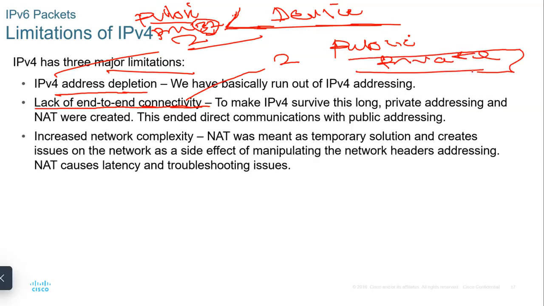Most of our computers are assigned private addresses, and when there is a need for internet, that is when they contact a public IP address. When they are contacting a public IP address, the private IP address has to be converted. So that is what we're saying, that it lacks end-to-end connectivity. We have to go through a third party, which is NAT, Network Address Translation, so that the IP address can be translated to the public IP address.